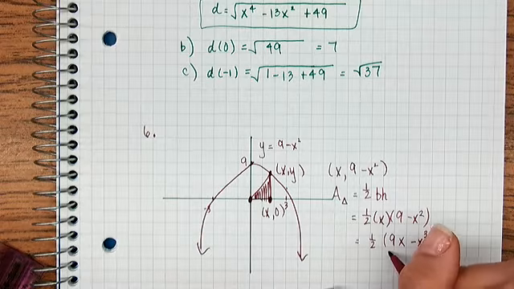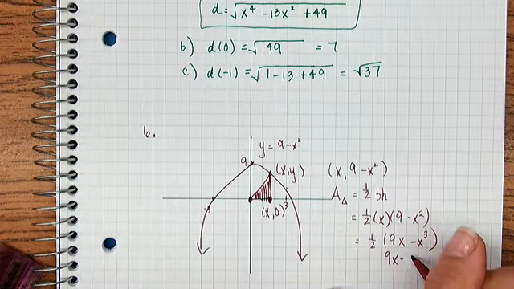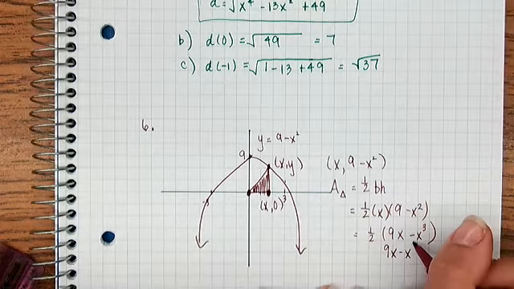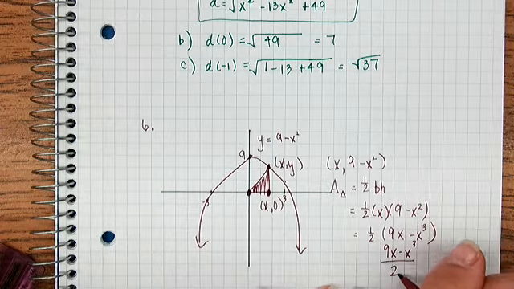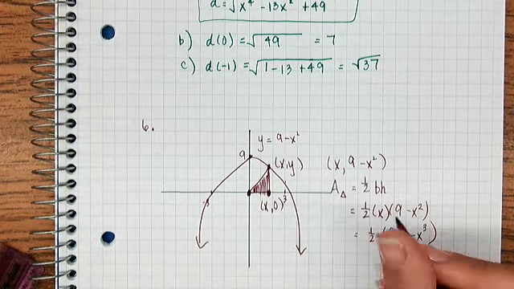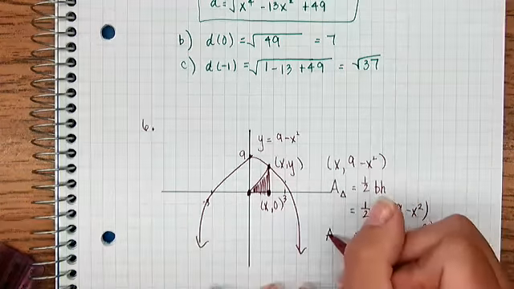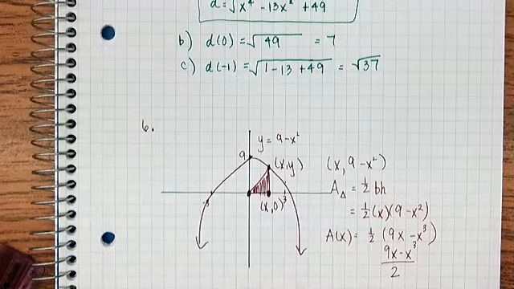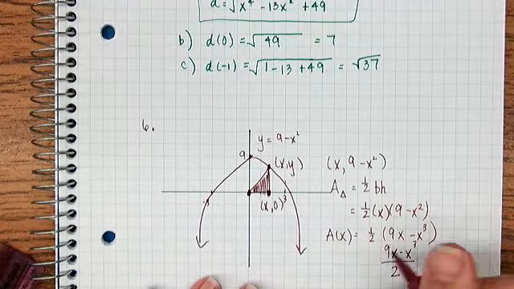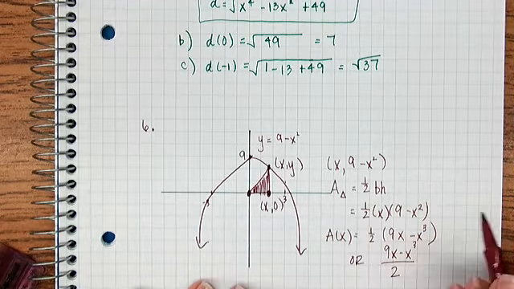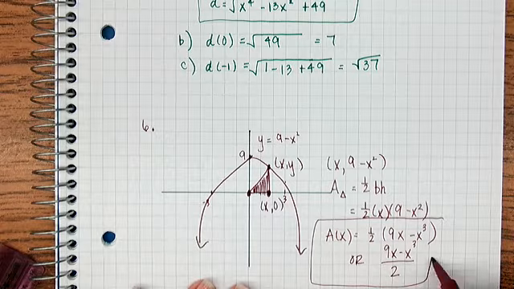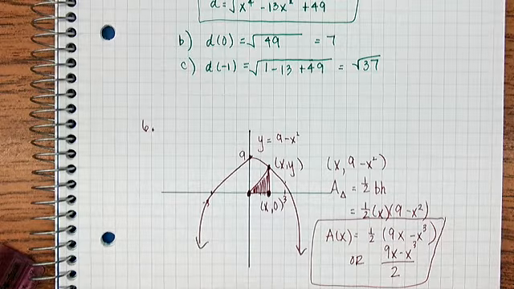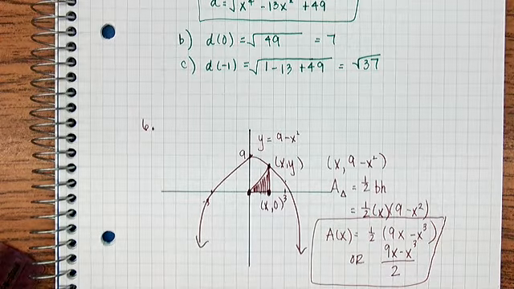Or sometimes we write it as one big fraction, 9x minus x cubed over 2. Any of those are okay, but you should use notation here. The area as a function of x. So either one of these, doesn't really matter. Which one's better, doesn't matter. And that is problem number 2 and number 6.